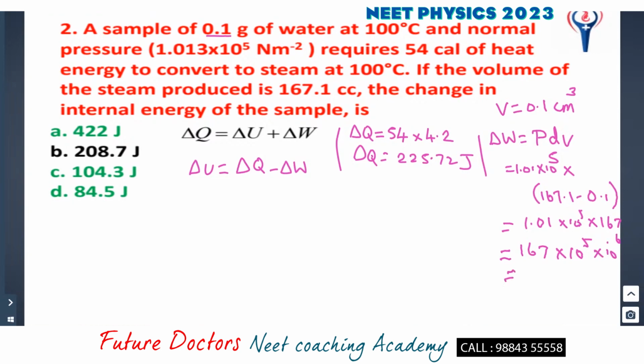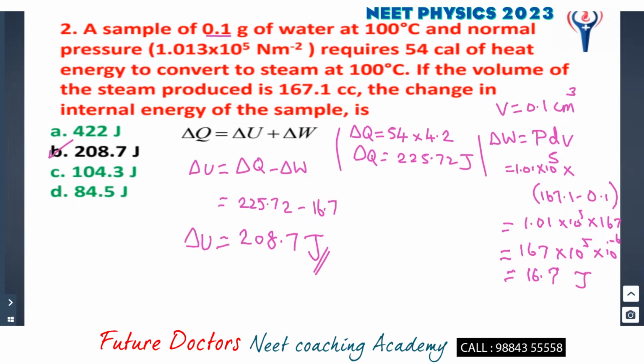Therefore gives 10⁻¹, as 16.7 joules. Substitute this here. Then ΔQ is 225.72 minus 16.7 gives 208.7 joule. That is your change in internal energy ΔU. Option B is the correct answer.